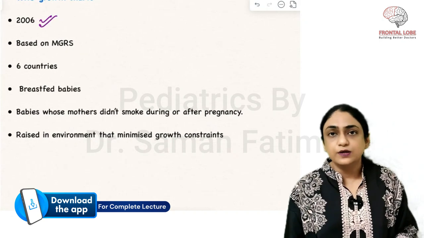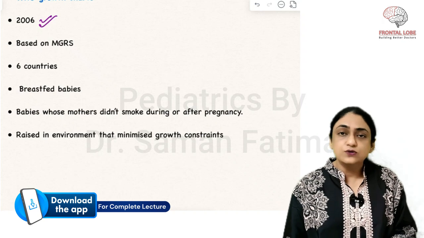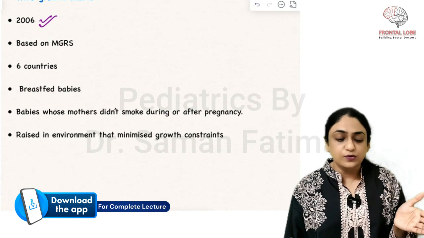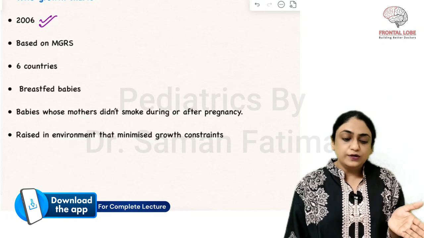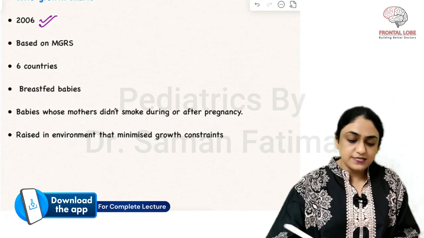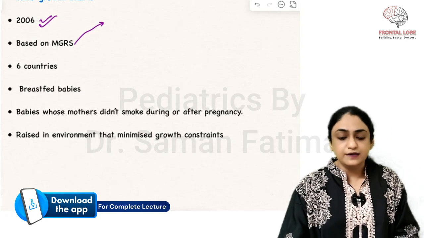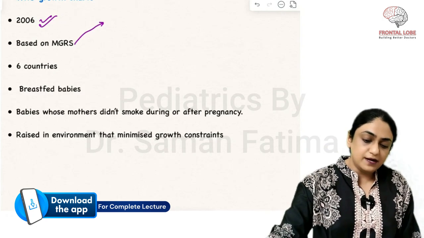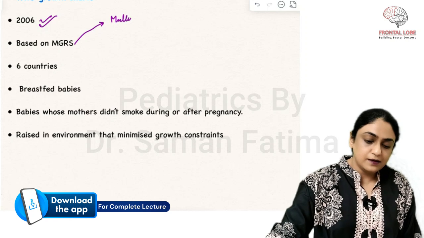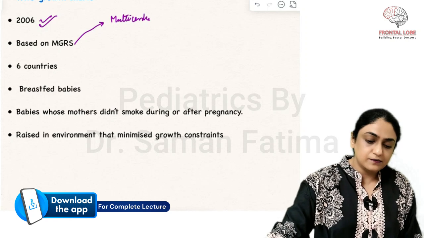So these are the most important growth charts, obviously. Why so? What did WHO do? WHO did a study which is known as the MGRS study. Now what is this MGRS? MGRS is the Multicentre Growth Reference Study.